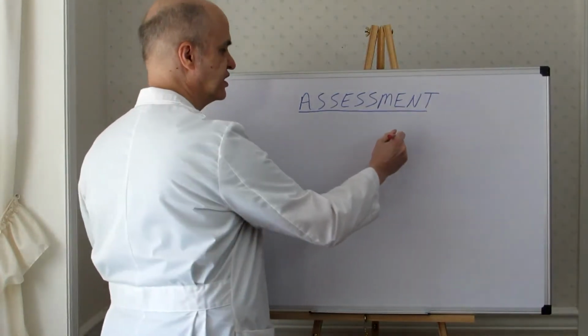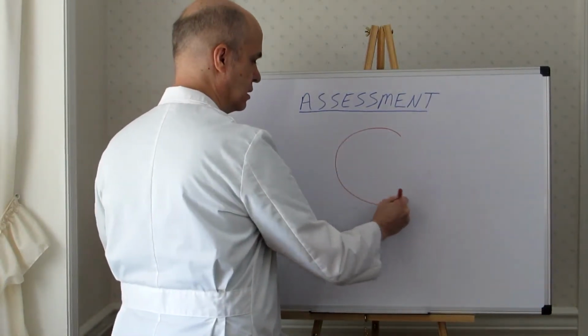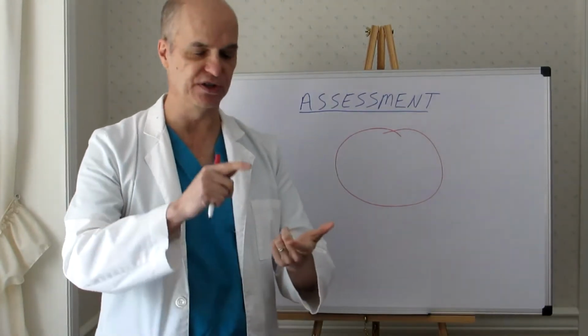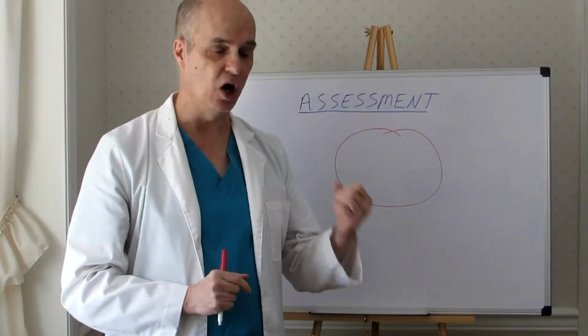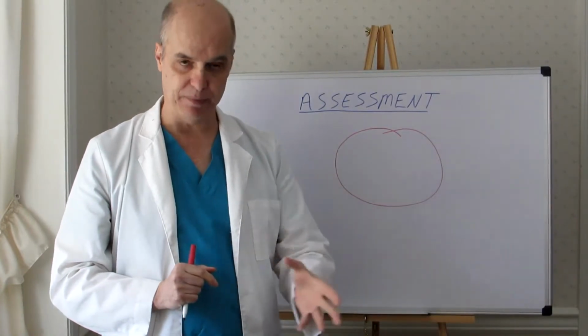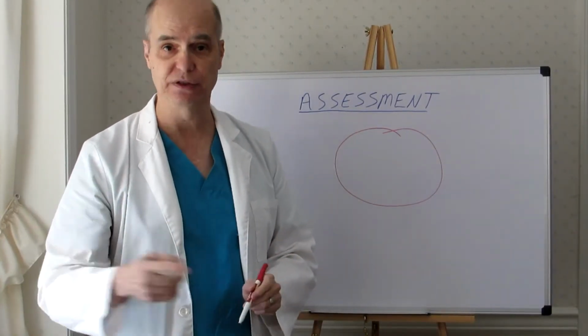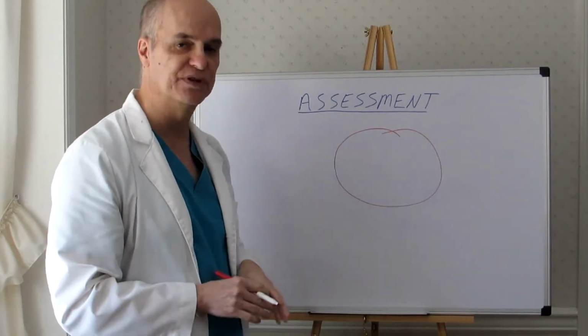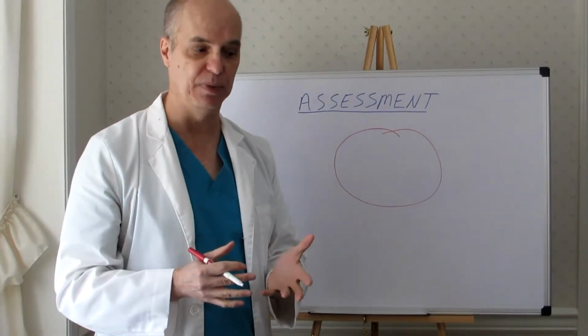So let's just say that this is the vascular system. In other words, it's the chambers of the heart, it's the arteries, the arterioles, the capillary bed, the venules, and the veins, back to the chambers. So this circle represents my entire vascular space.